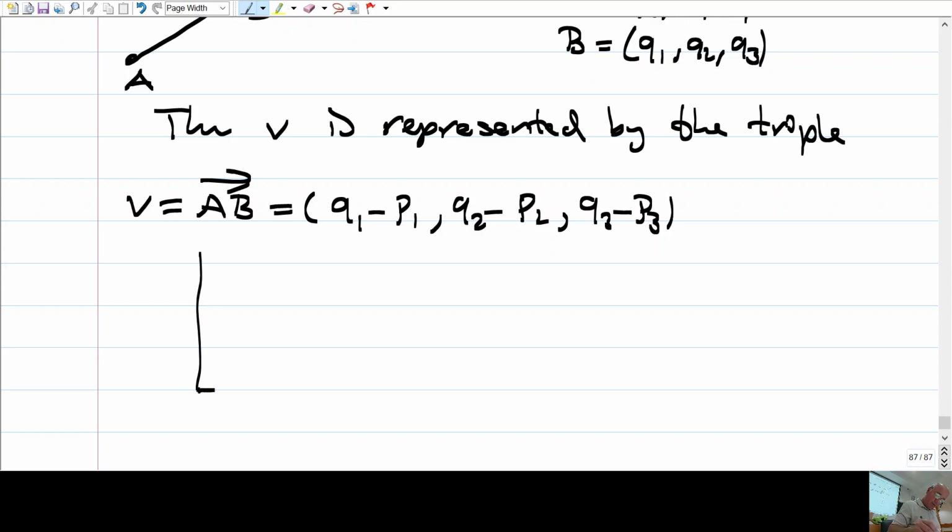Now suppose this is A and this is B, and V is this vector.